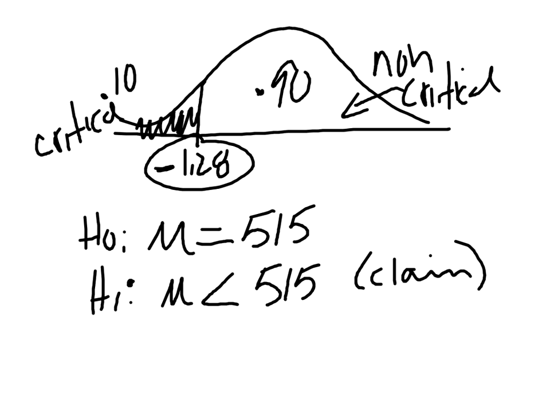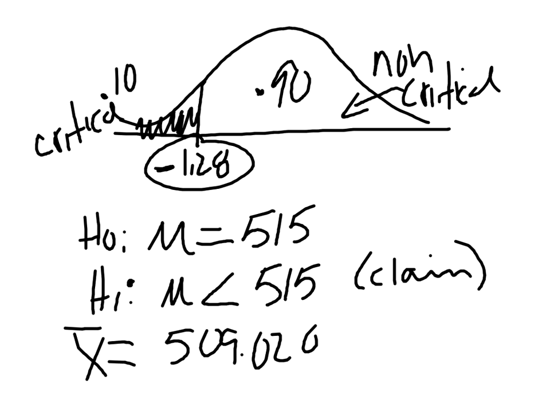Anyway, we now have enough information to go ahead and compute. Recall that the sample mean, if I didn't write it down, turned out to be 509.028. Well, that is less than 515, but we don't know yet if it's significantly less.